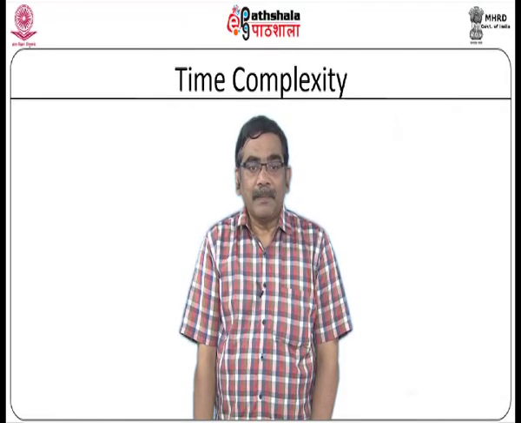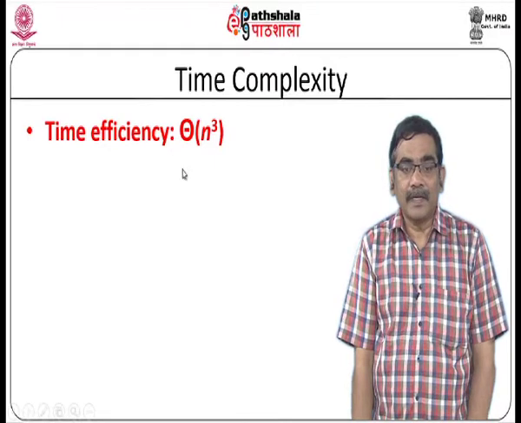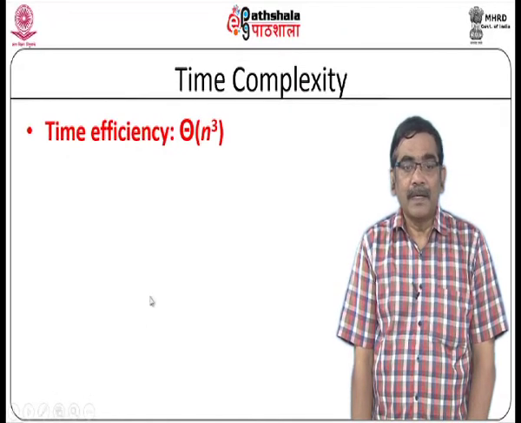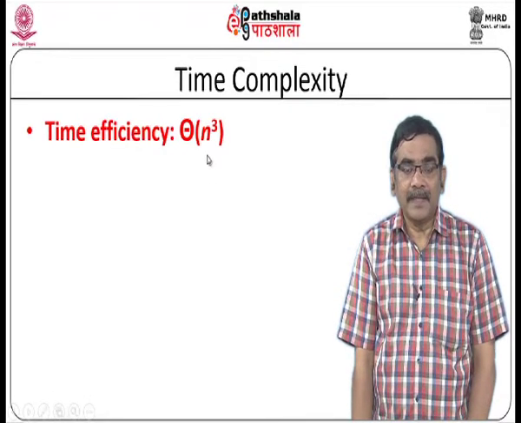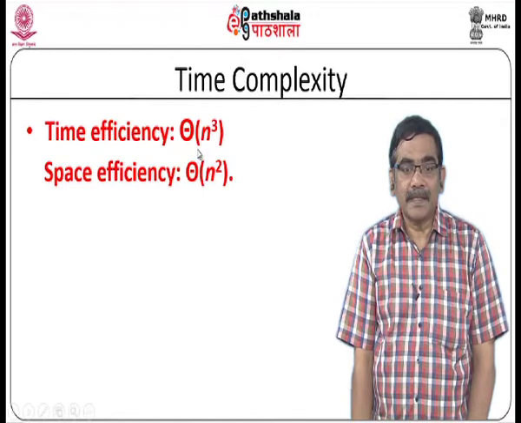So, what is the time complexity? The time complexity is order of n cube, because you have 3 loops available here. Therefore, the complexity is going to be theta of n cube, and space efficiency is going to be a table.